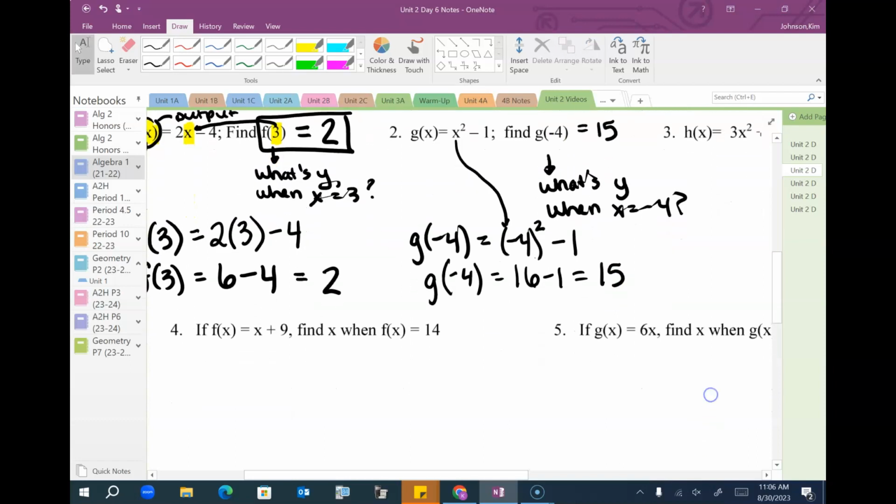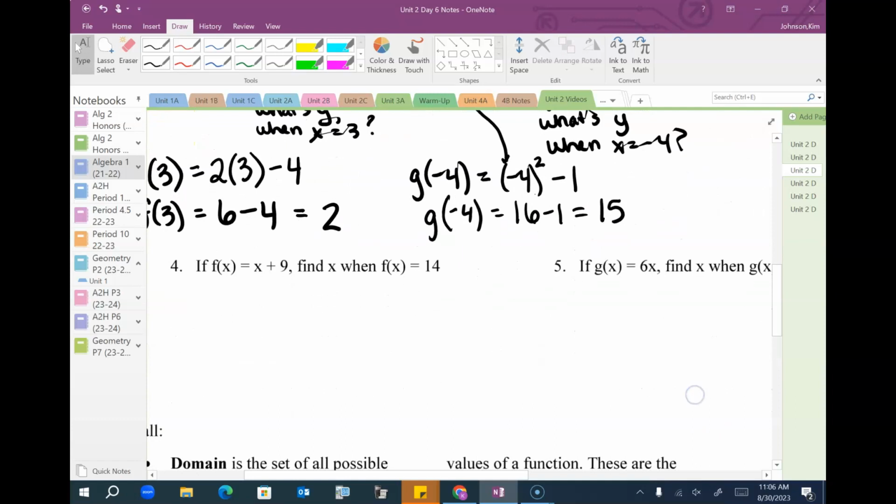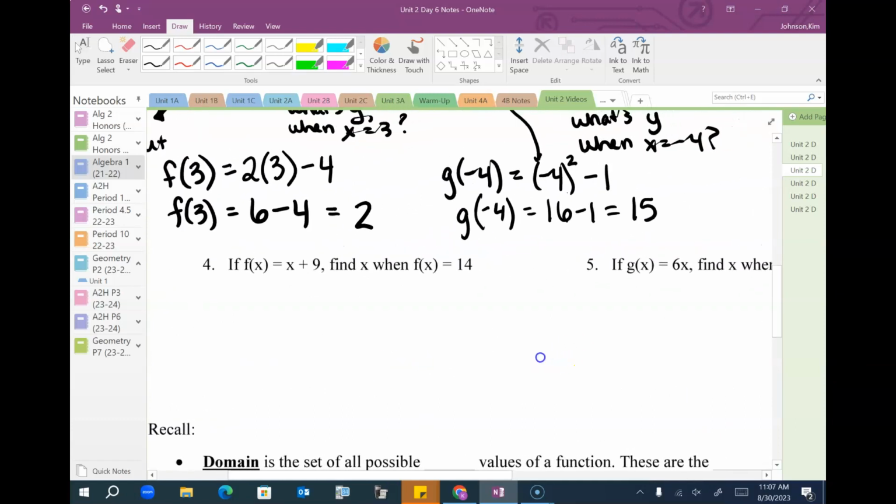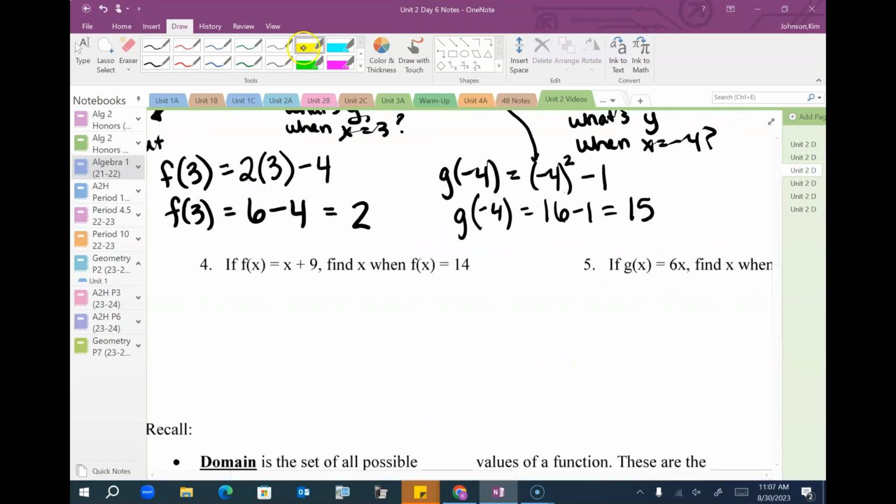Okay, then we could reverse this question where we end up giving you the output. So here they tell us f of x is 14. Okay, so they're essentially saying that the y is 14, and they want to know what is x. So I'm going to replace the f of x with the number 14.